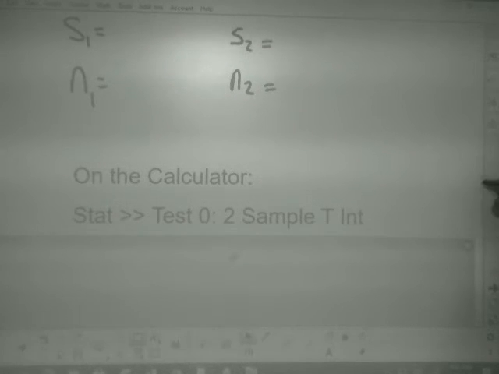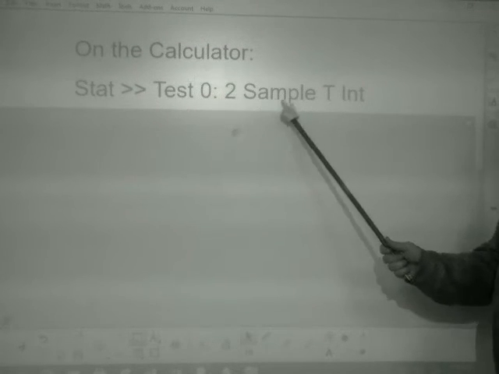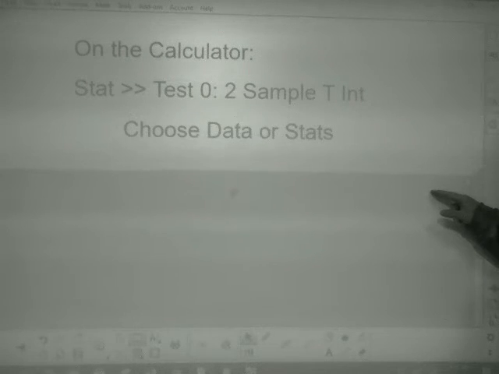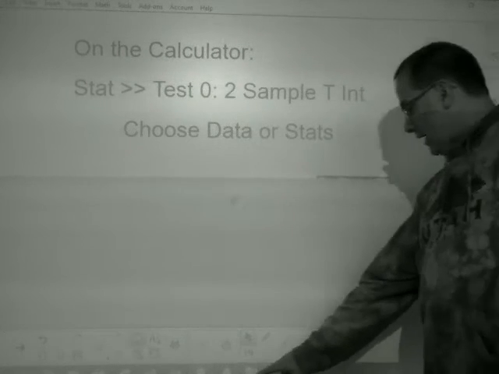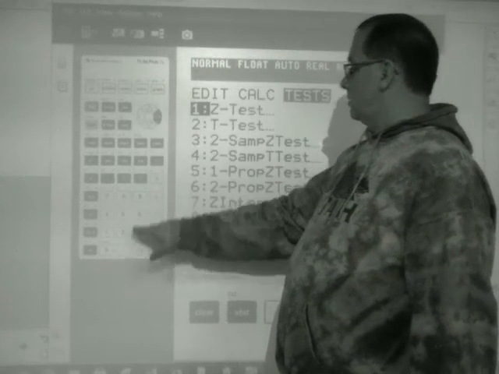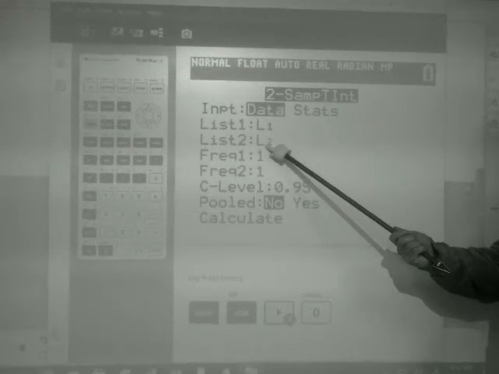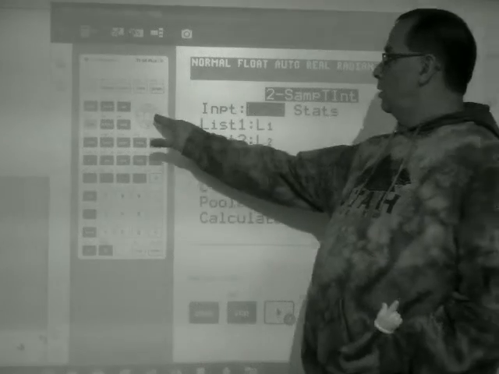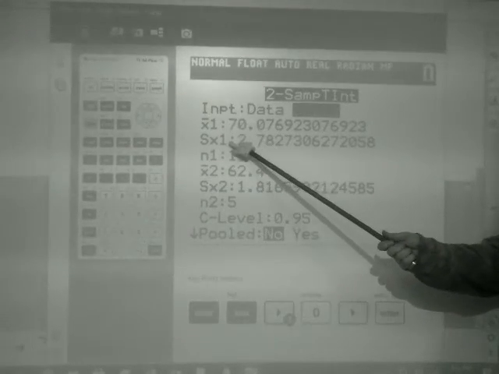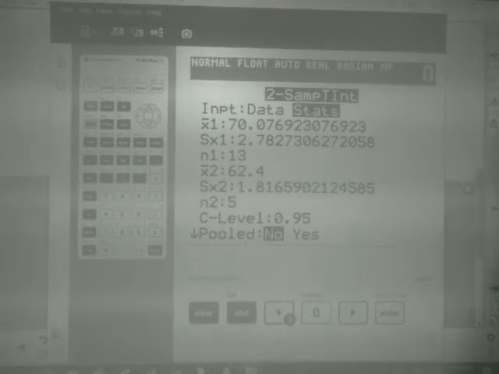On the calculator, it's stat, test, 0, which is a 2-sample t interval. You still have to choose data or stats. You're going to choose either data, in which you have data in lists, or you're going to choose stats because someone told you the mean, standard deviation, and sample size for one group, and the mean, standard deviation, and sample size for another group.